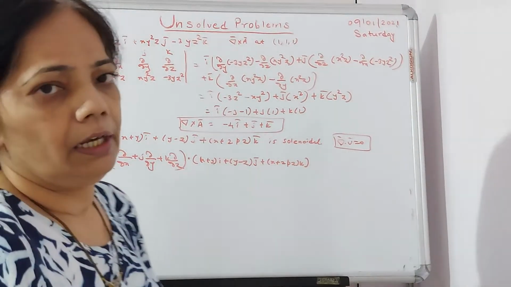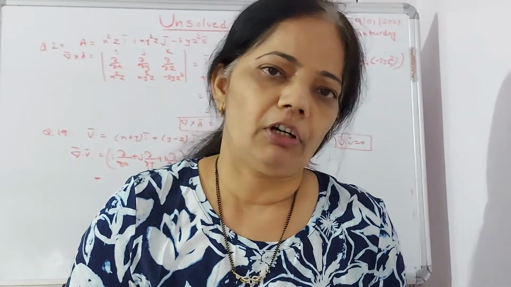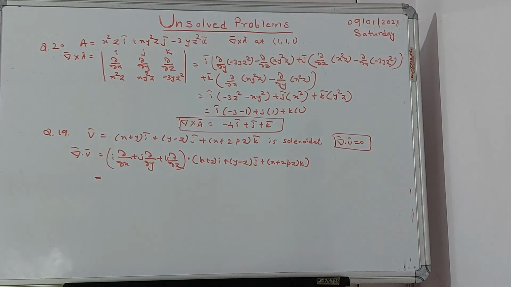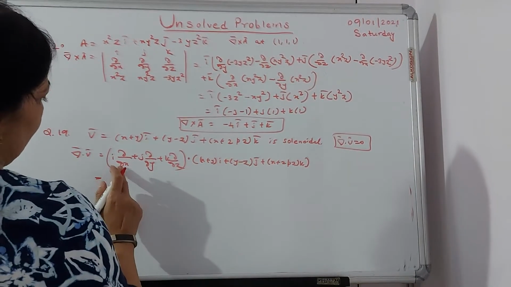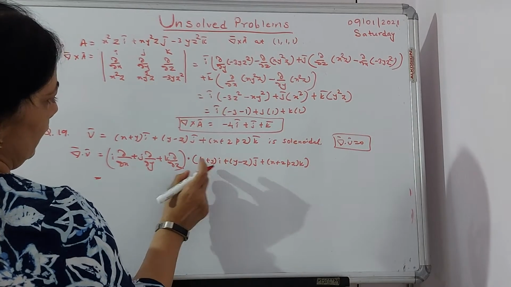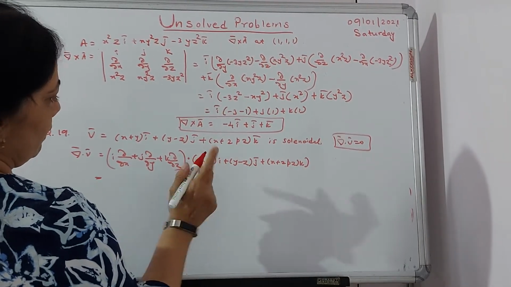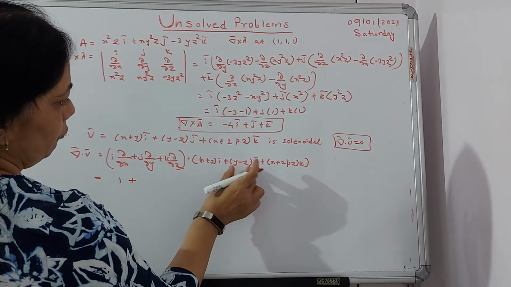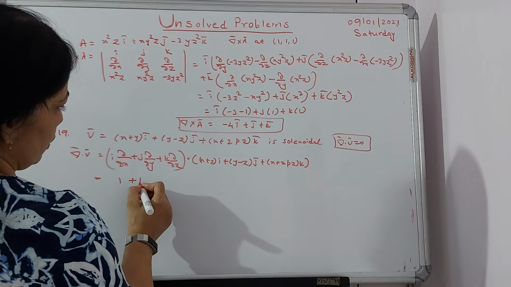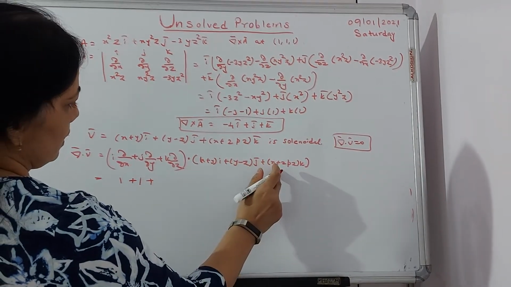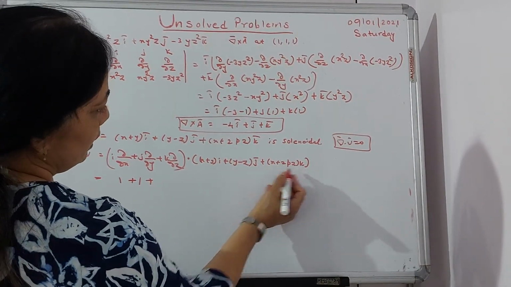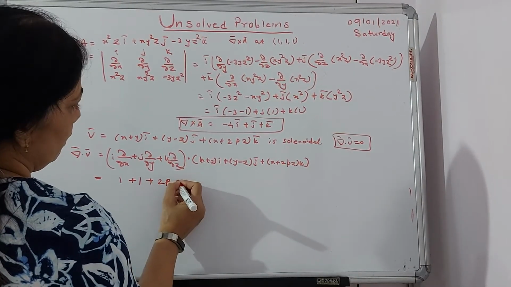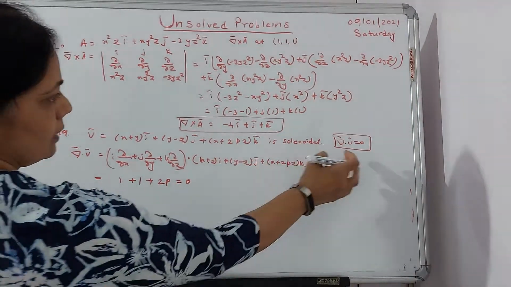Again, like yesterday we did, i dot i, j dot j, k dot k is 1, other terms will be 0. Correct? Taking that into account, what will we get over here? ∂/∂x of only this term. ∂/∂x of x will be 1, plus ∂/∂y of this term, y minus z, only y, so plus 1. And as far as this term is concerned, here we have 2p, so ∂/∂z of z will be 1, so plus 2p will be 0 because that is the condition.